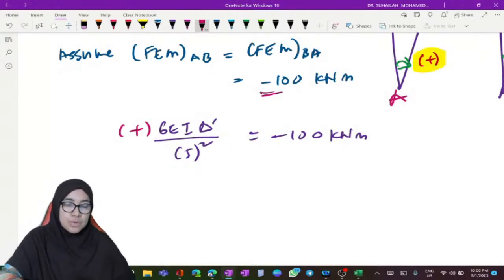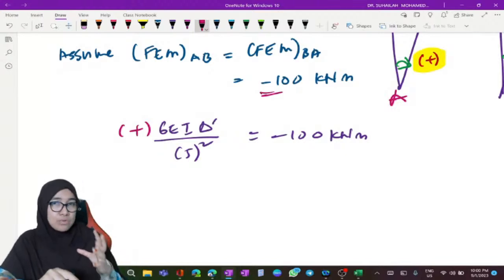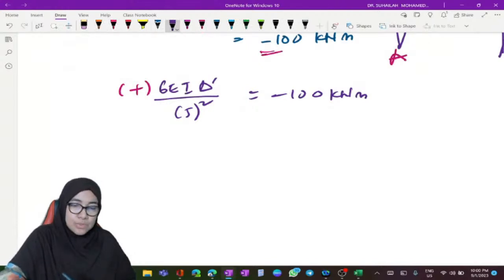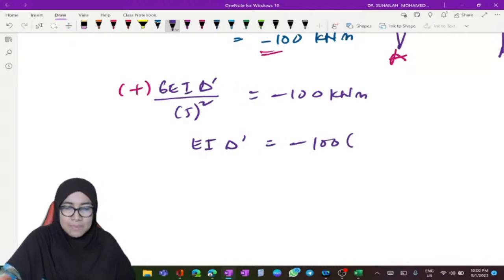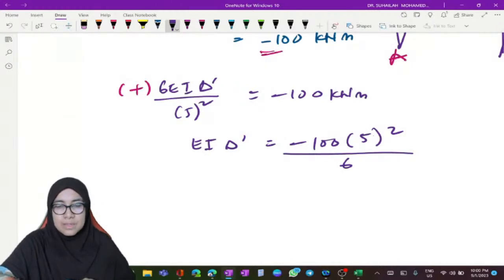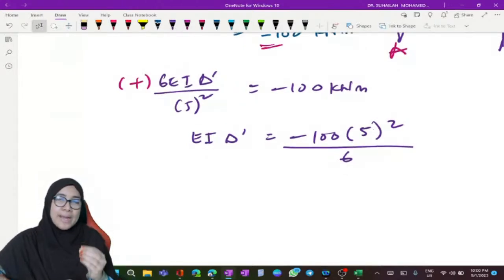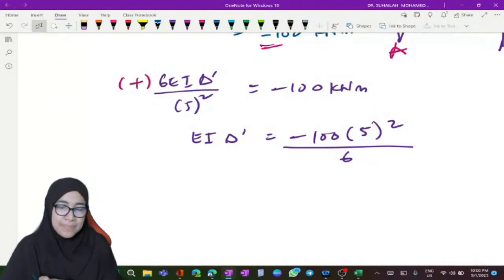What we need to do next is simplify this. So EI delta prime equals negative 100 times 5 squared divided by 6. You can remain as this, and use this whenever we calculate FEM for CD.